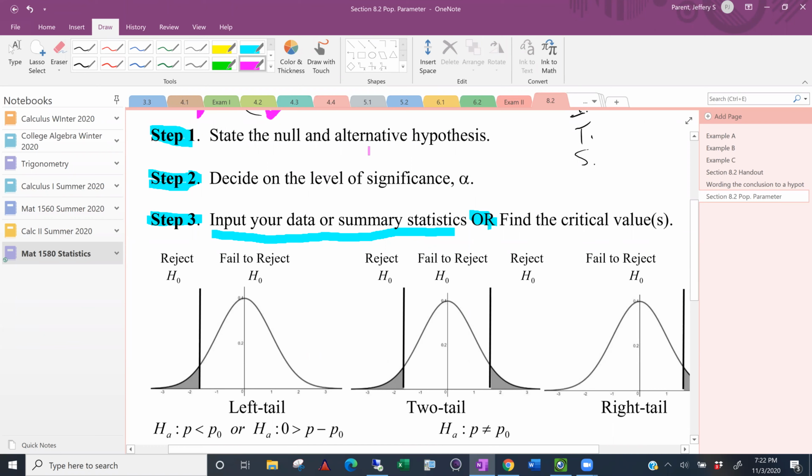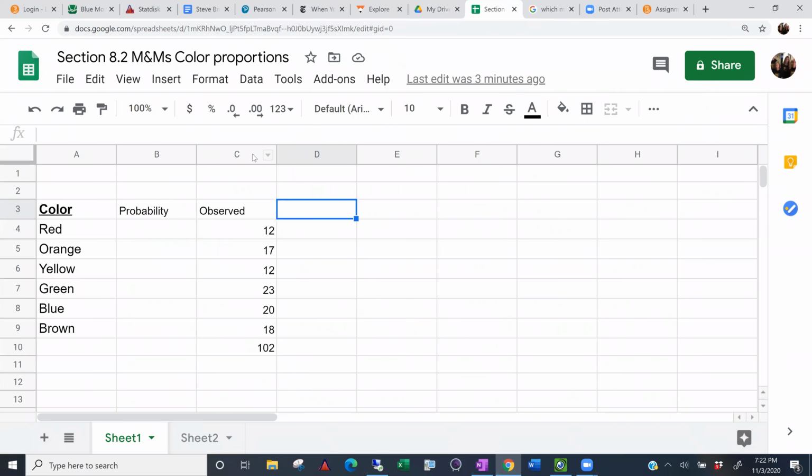We've got our null hypothesis. We decided on alpha. Let's input our data or summary statistics. So that's going to be in Statistic.